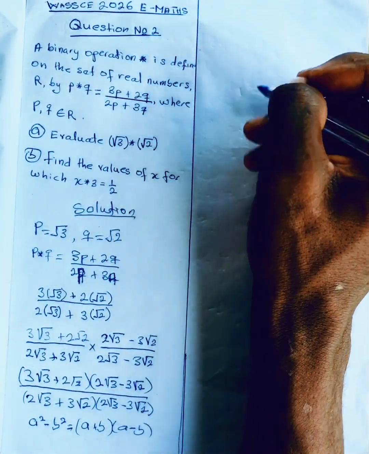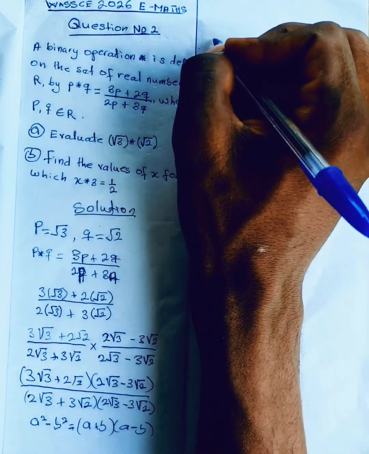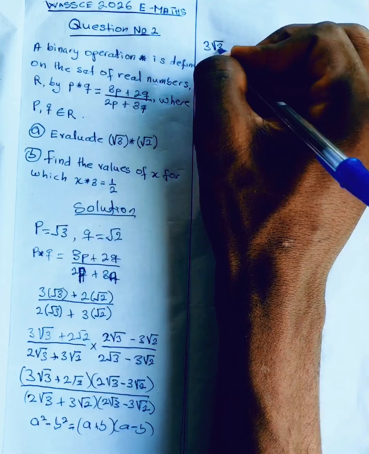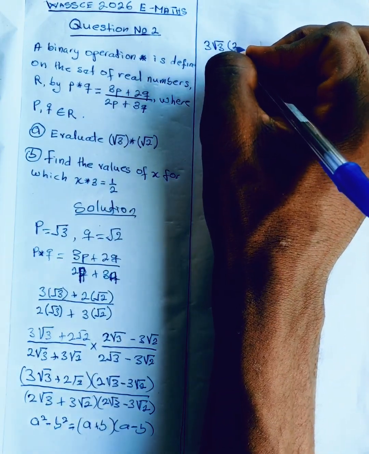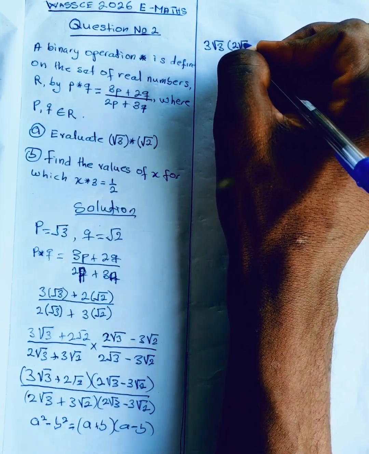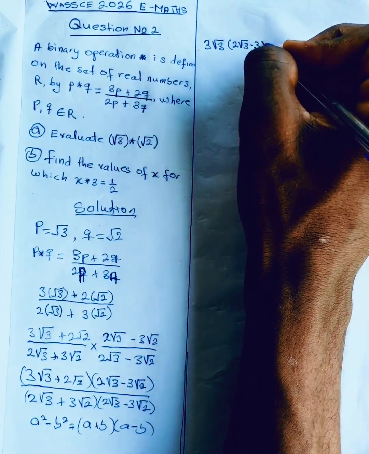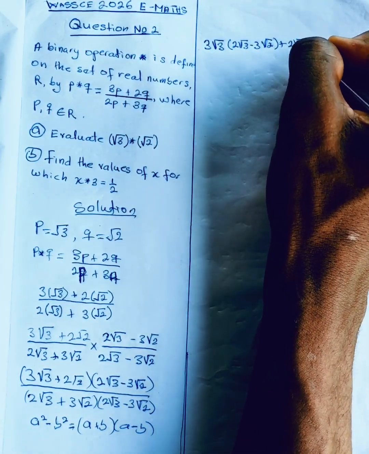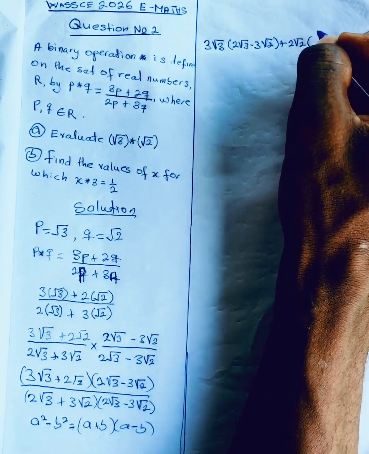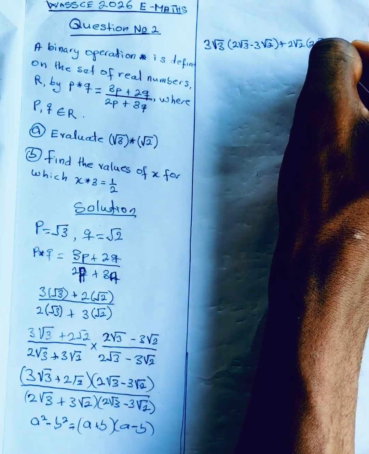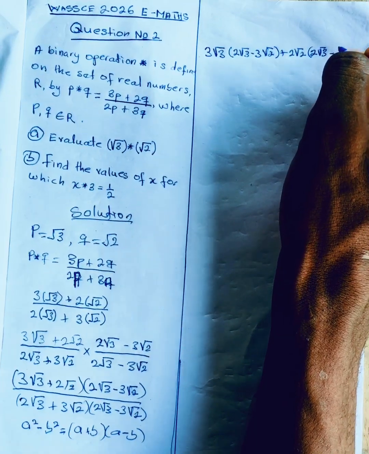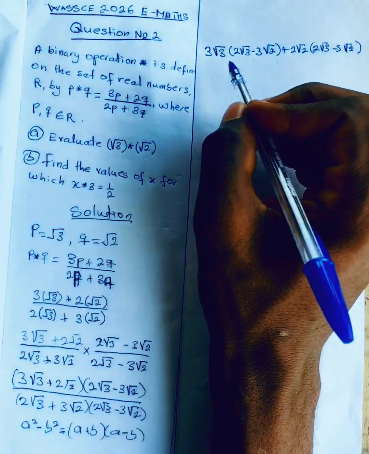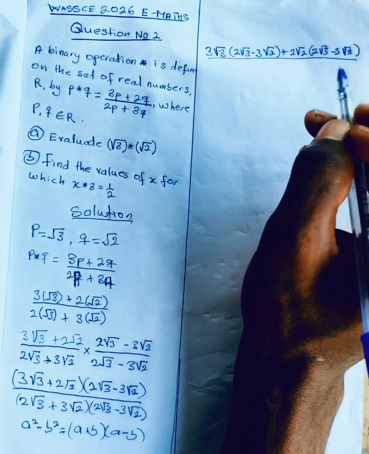Now, when we distribute it, we will have 3 root 3 multiplying this bracket, 2 root 3 minus 3 root 2, plus this one, 2 root 2 multiplying 2 root 3 minus 3 root 2, all over this.